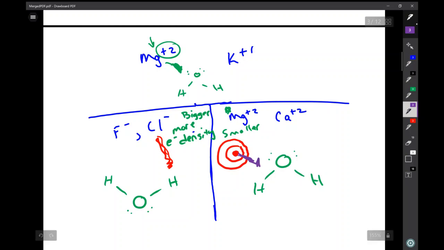And calcium's in the third energy level, so it's got an extra energy level there, a lot more shielding effect. So the better hydrated positive ions are the smaller ones, because the nucleus is closer to the outside of the atom. That positive charge can get out and get attracted to the oxygen much better. Whereas on the flip side, you go with the bigger negative ions, because that gives you more electrons, so that'll attract towards the hydrogen part of the water molecule.